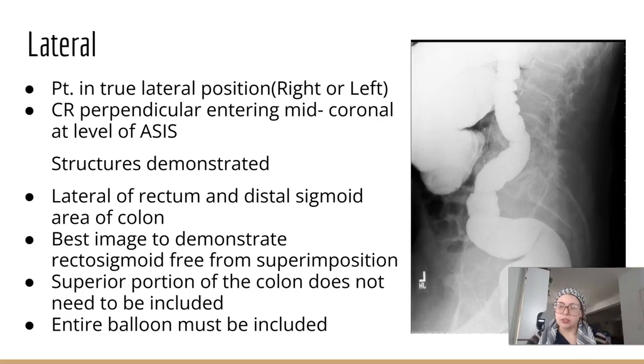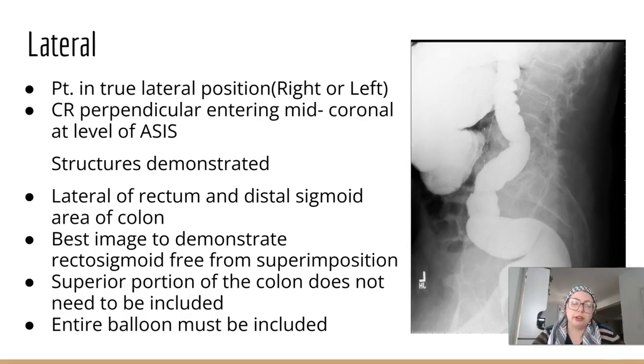The rectosigmoid area. You cannot see it because my face is in the way, but we're kind of cutting off the balloon, if I'm being really picky, just a little bit. If we could just go up with the patient or down with the board and the tube, I feel like we'd be able to see that a lot better.